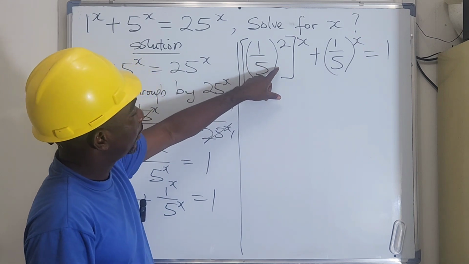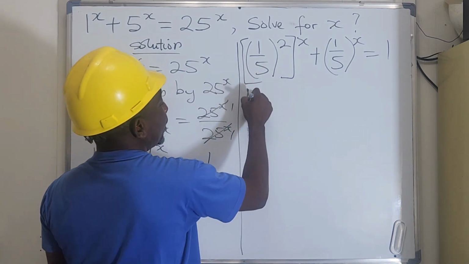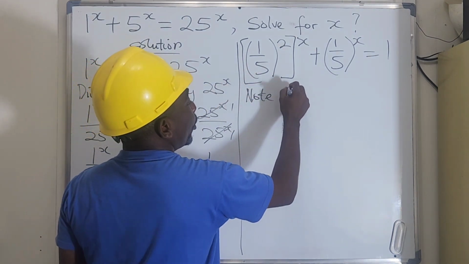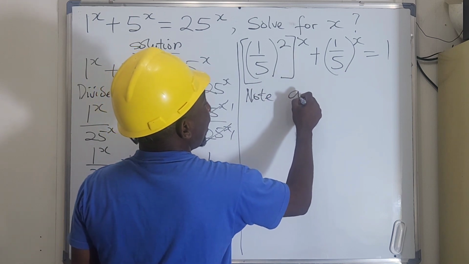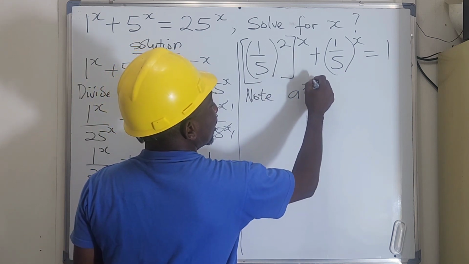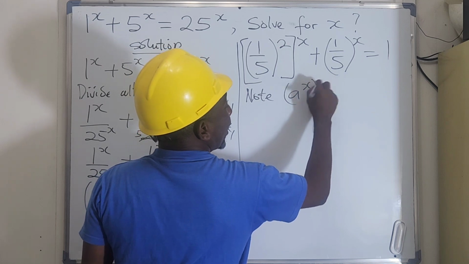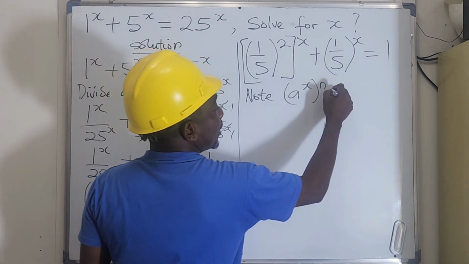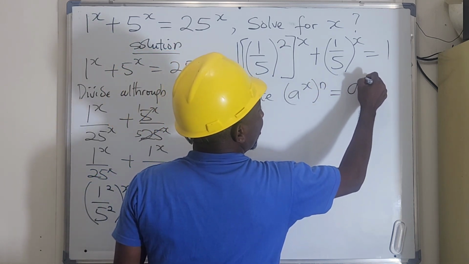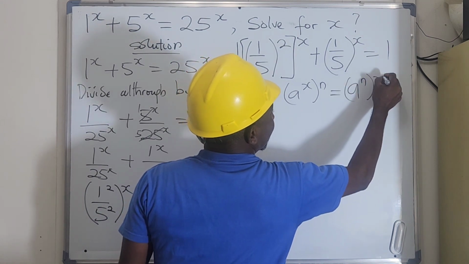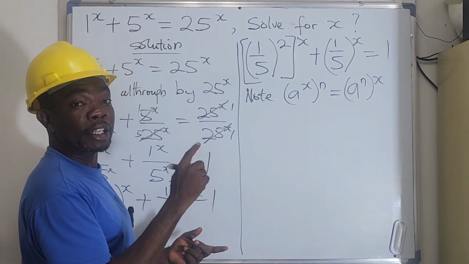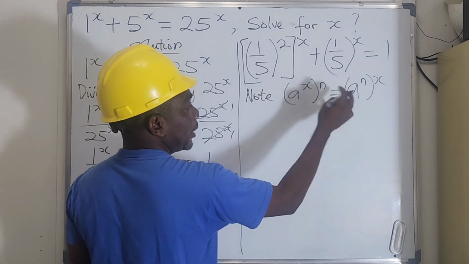So in this case, we know that when we have a raised to the power of n, all raised to the power of x, it is the same thing as a raised to the power of n times x. So we can interchange them. It still means the same thing.